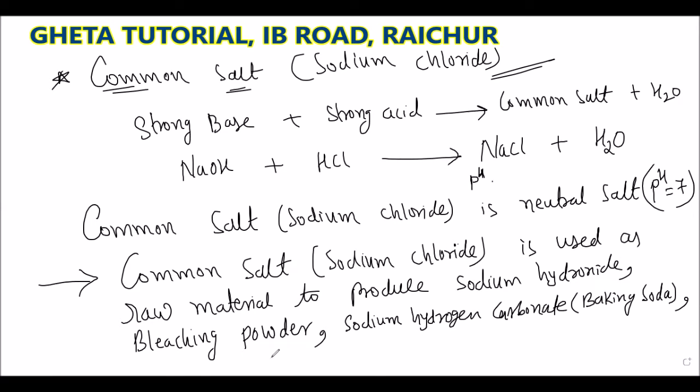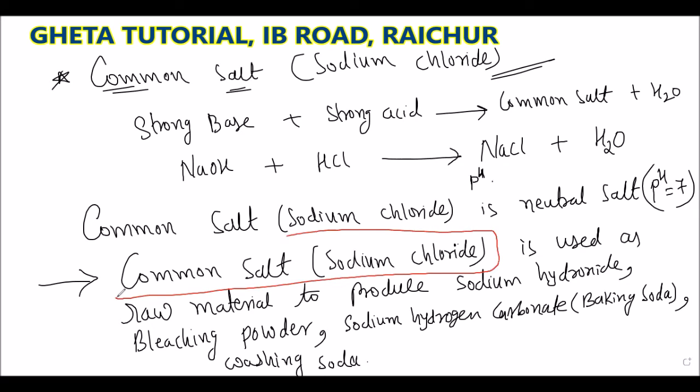Bleaching powder, baking soda, and washing soda. So these are the products we can produce with the help of common salt.